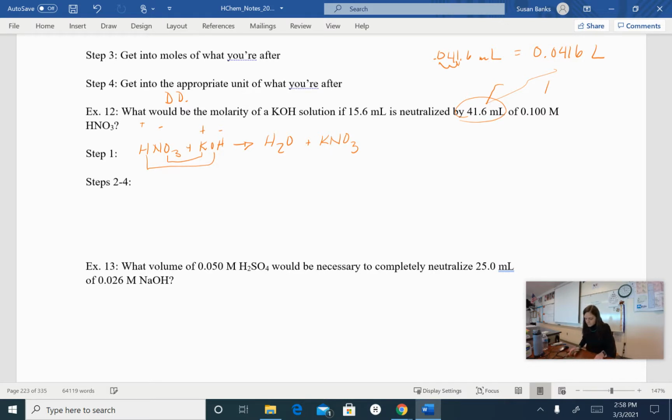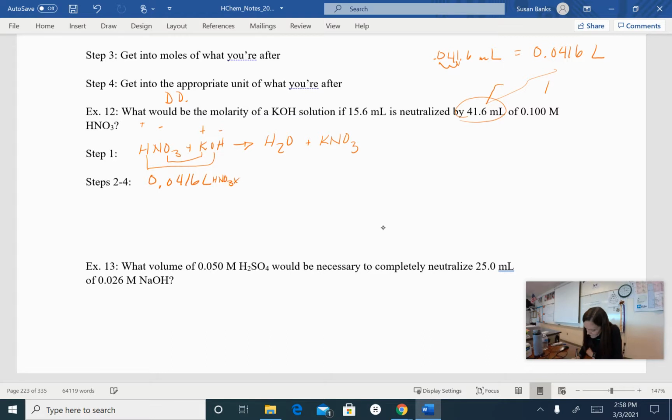Okay, so I'm going to start off with my 0.0416 liters of my nitric acid solution. Then I'm going to multiply it by my concentration, which means moles per liter, and I can use that to cancel out my liters.